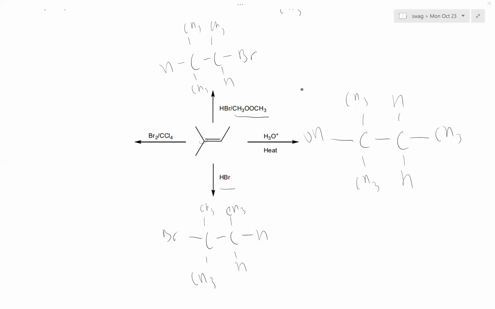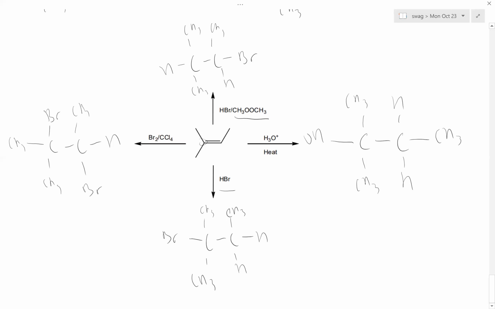So the way you can show this, Br there, Br there. Then you have CH3, CH3, CH3, H. Notice Br is going down, Br is going up. They're anti. So that's a good recap of the 4 reactions we've done.